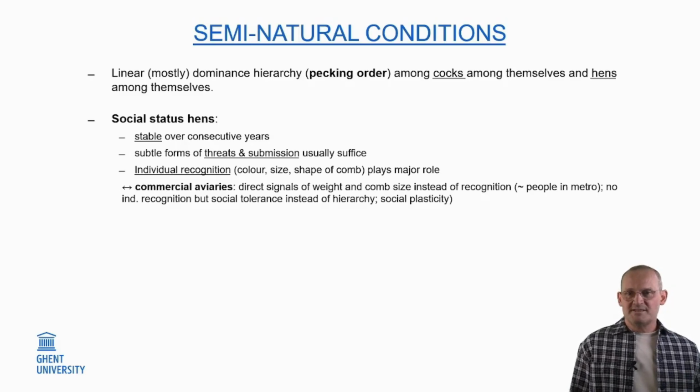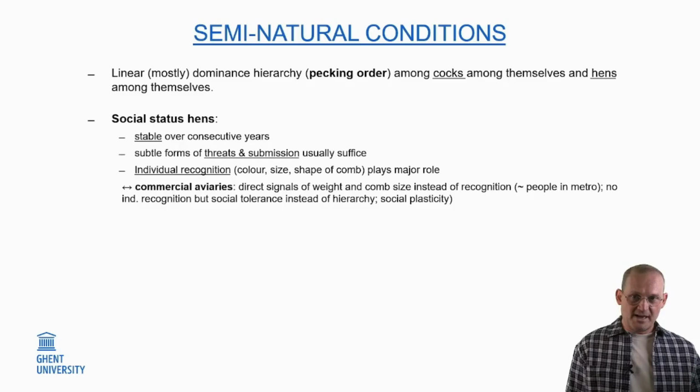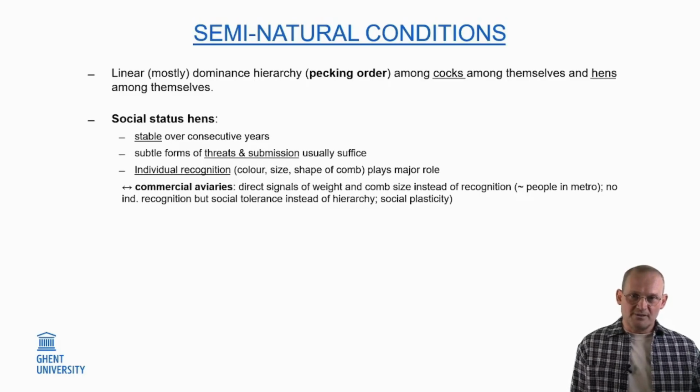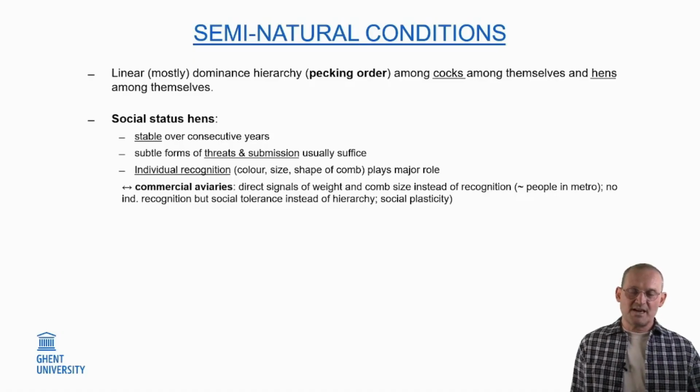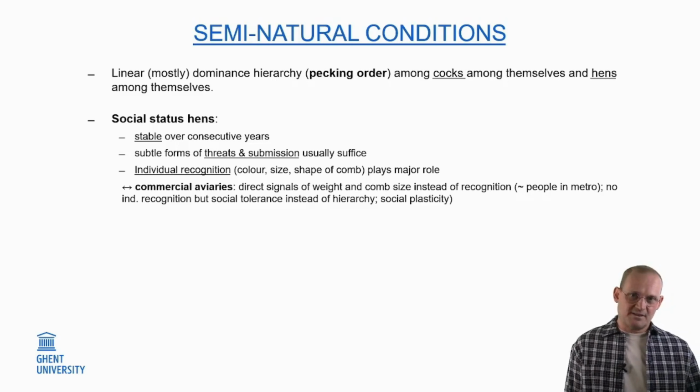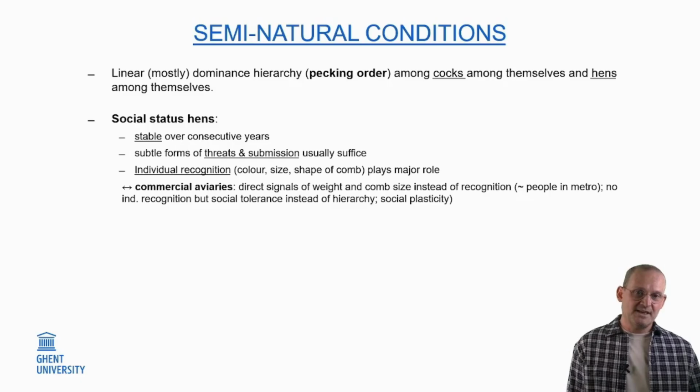Of course, the way hens are often housed in commercial aviaries means that it is no longer possible for them to organize a pecking order, because simply there are too many individuals to be able to recognize each other and to know which individual is higher or lower in the pecking order than yourself. So they have to switch to a totally different type of social structure, in which direct signals of weight and comb size are used instead of individual recognition.